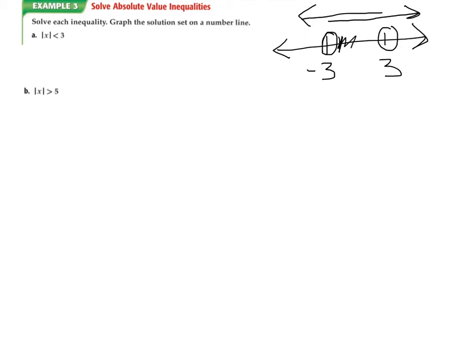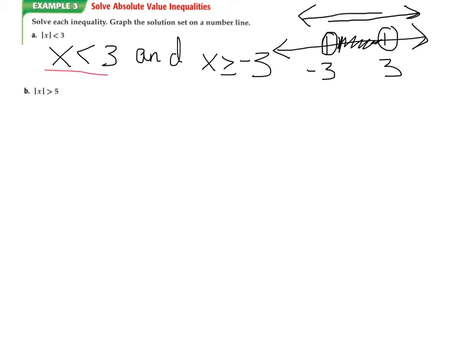So we're going to shade, and then we're going to go ahead and say that x is less than 3 and x is greater than or equal to negative 3. And that's going to be our answer we solved, and it's going to be our graph.